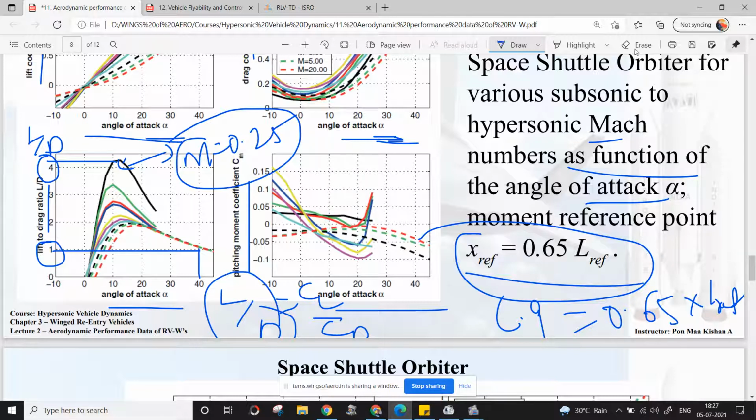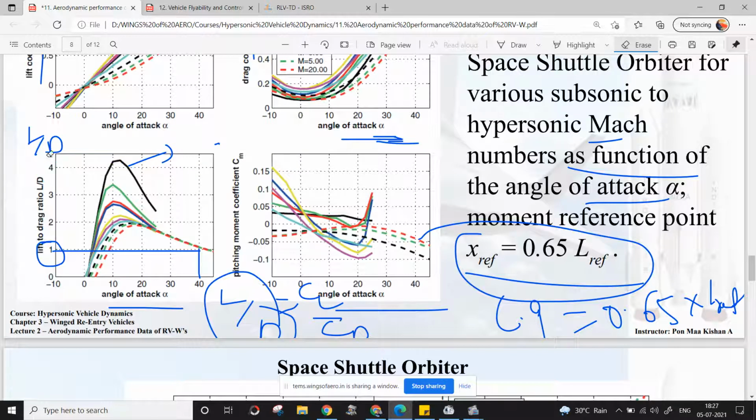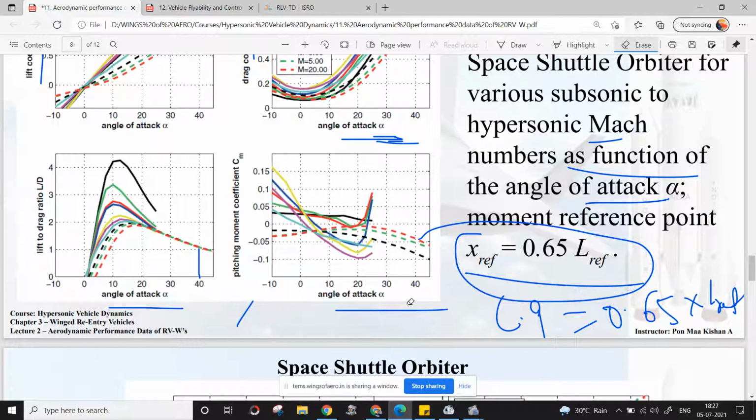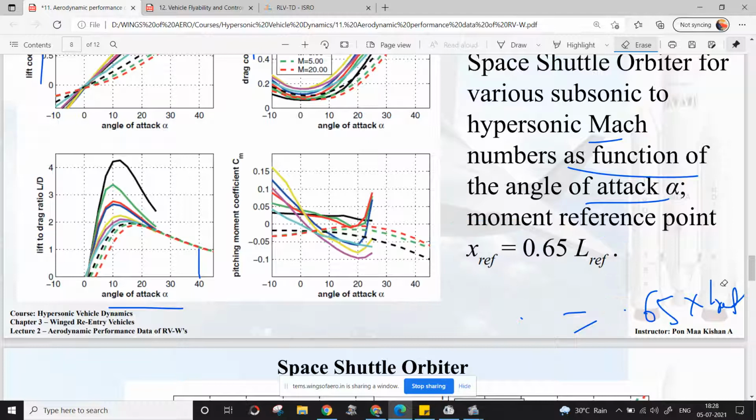But there is another disadvantage when we are increasing the angle of attack. What is that? Our pitching moment is going to be larger, right? Pitching moment will be large because we are increasing the angle of attack, at 45-degree angle of attack, which will create excess pitching moment.